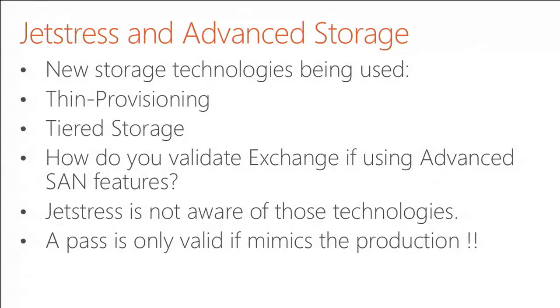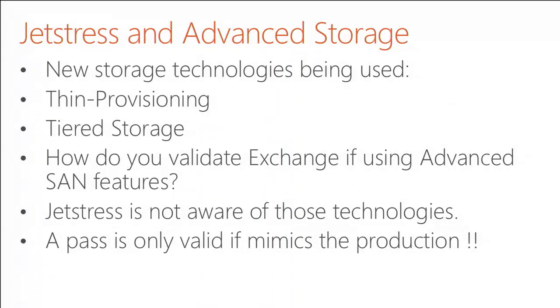If you have all the spindles available, I would just JetStress as normal, from the final configuration. Make sure that everything is okay, and then you just present the thin provision and do the IOPS JetStress on the thin provision. It's not the best solution, but at least it works.